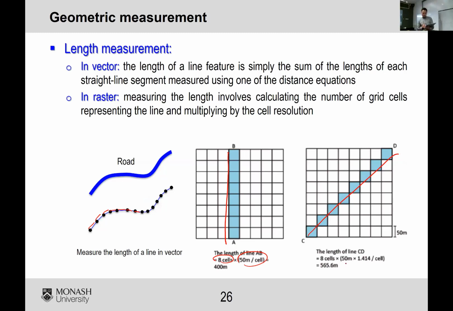In this case, that's 50 multiplied by 1.414. This is also useful later on when we talk about calculating the shortest path, which also uses the diagonal length when moving to a cell that is diagonal to the existing cell.